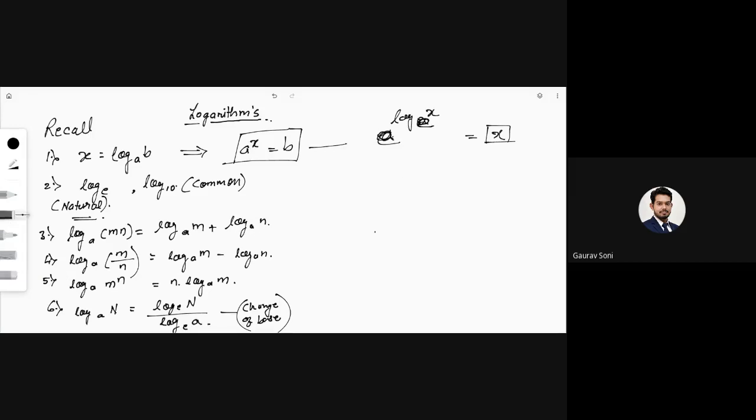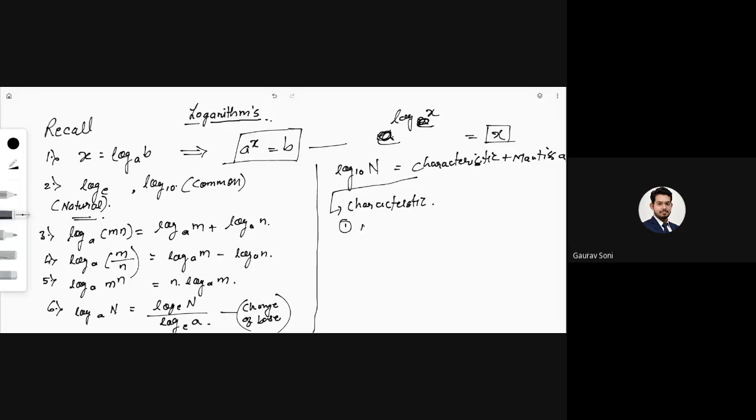Then we have seen how to take the logarithms of certain numbers. When I take log to the base 10 of any number capital N, that is nothing but characteristic plus mantissa. First of all, we will revise how to find the characteristic.